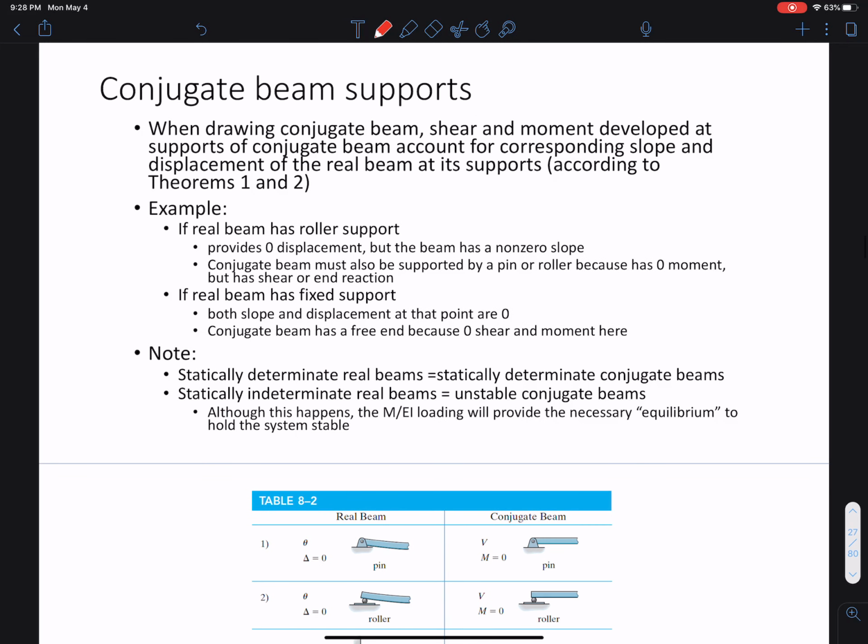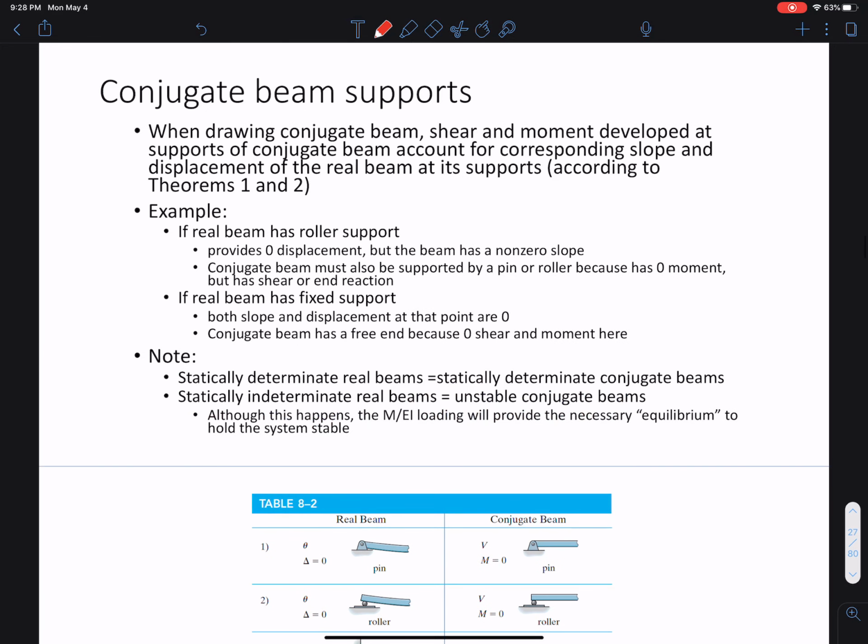So when we're drawing the conjugate beam, we have to be conscious of what we do with the supports because they're going to change. The shear and moment that develop at the supports are going to correspond to the slope and displacement of the real beam and its supports. So we need to make sure that we're not messing up the shear and moment versus slope and displacement for the conjugate beam.